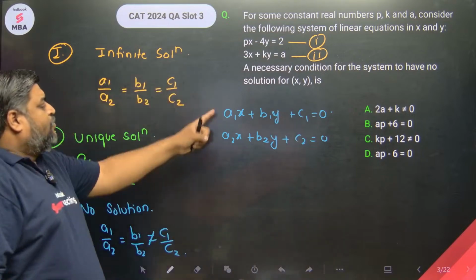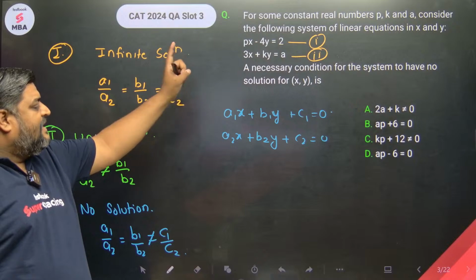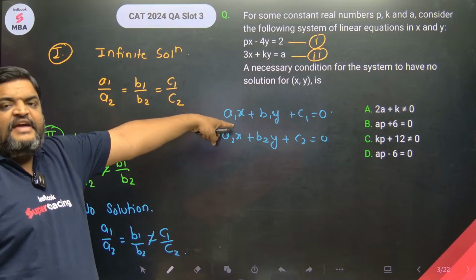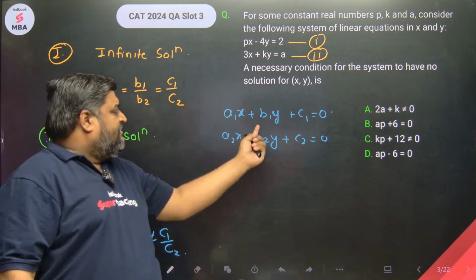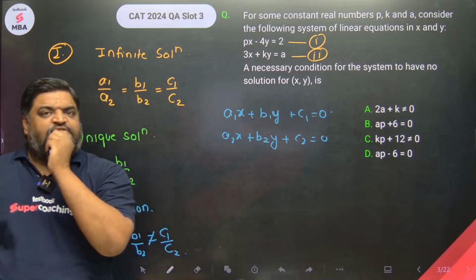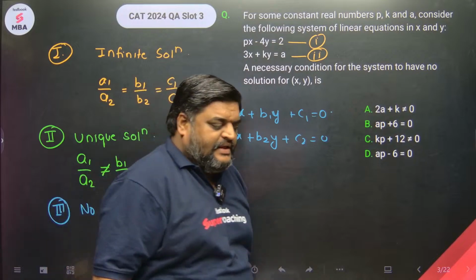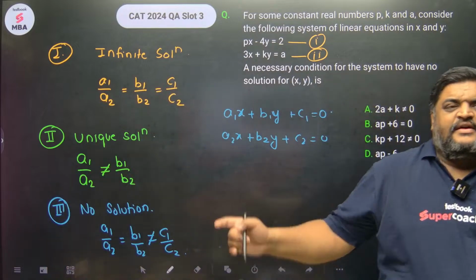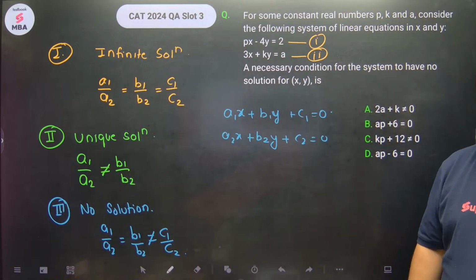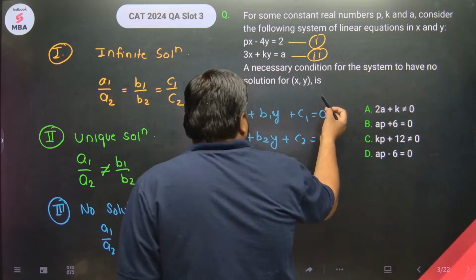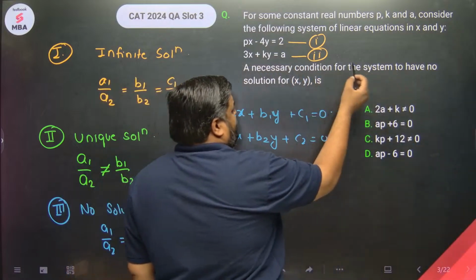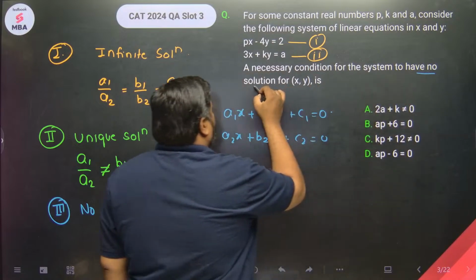So a1 and a2 are the coefficients of x, b1 and b2 are the coefficients of y, and c1 and c2 are the constants only. We have already done this. Here in this question, they want the condition of no solution to be satisfied.